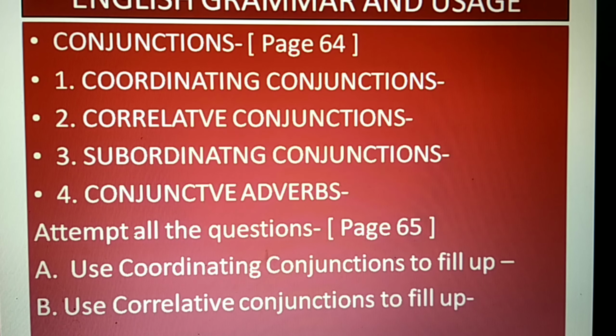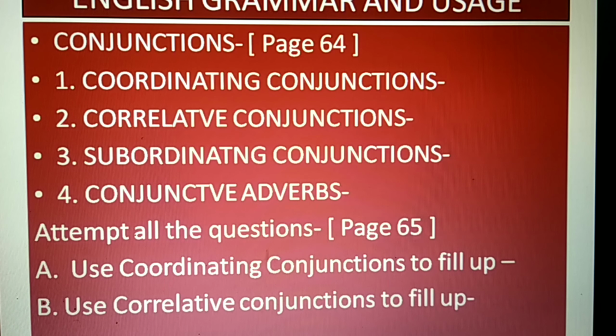Now we move on to correlative conjunctions. So the correlative conjunctions work in pairs to show how parts of a sentence are related. They follow the same comma rules as dependent and independent clauses. And let's be familiar with some correlative conjunctions. Neither, nor, not only, but also, whether or, either or.